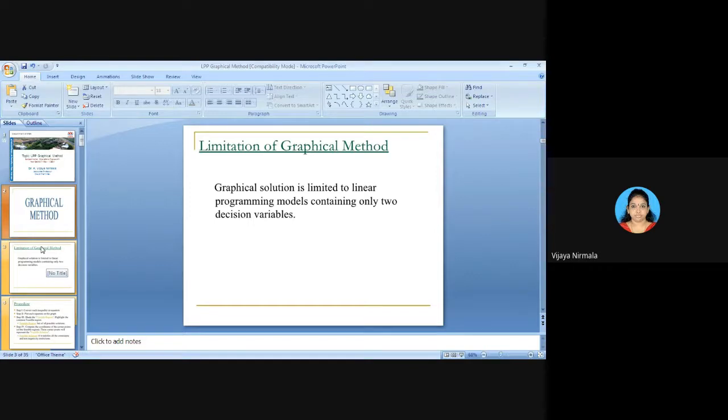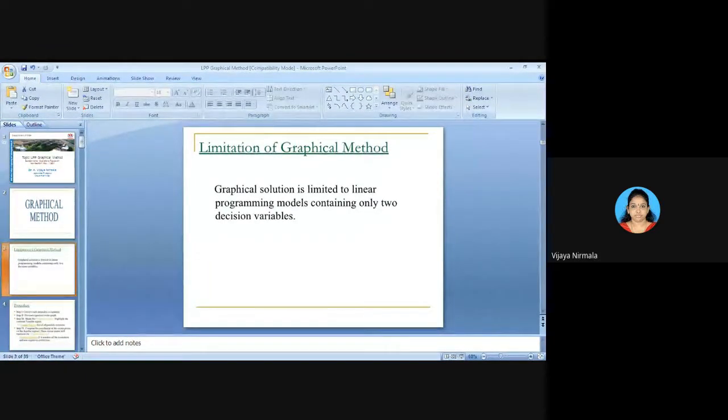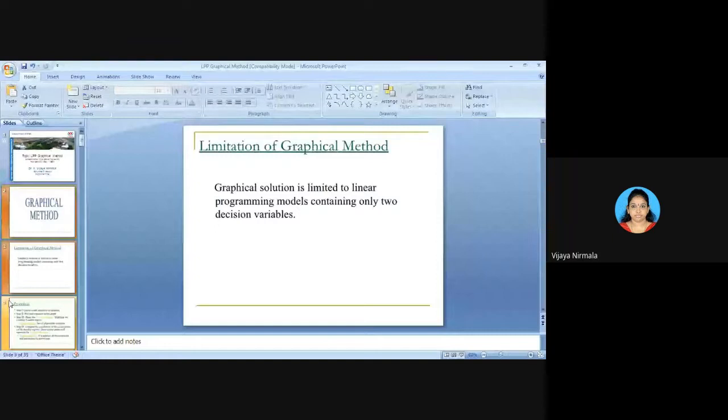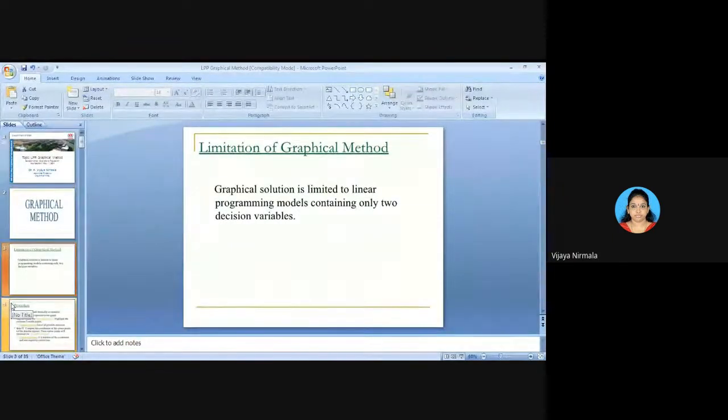Then you need to move to the simplex method. That is the thing you have to remember: when to use the graphical method and when to use the simplex method. If there are only two variables in the problem, you can go with the graphical method. If there are more than two variables, you can't solve it with the graphical method, and it is compulsory to move to the simplex method.